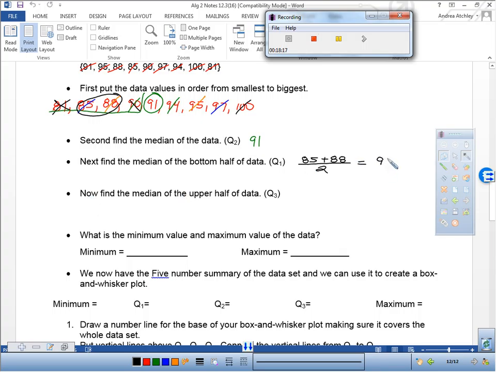And I should get 96.5, is that correct? Oh, thank you, 86.5. Which is what I meant.